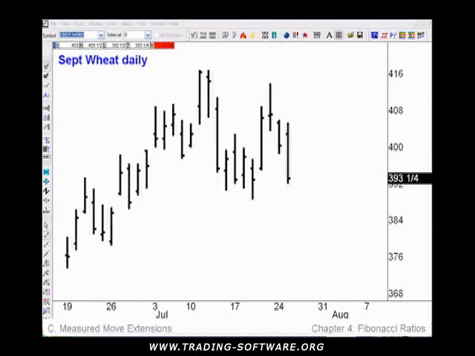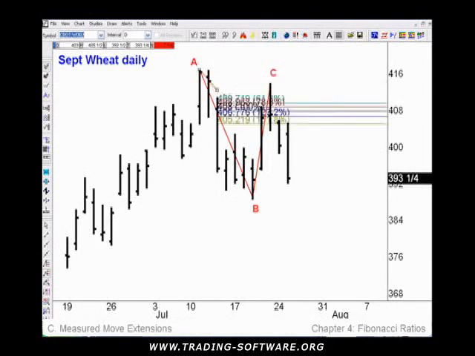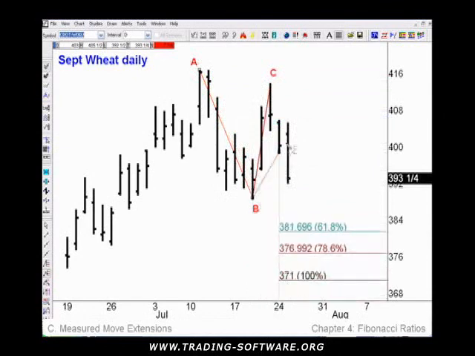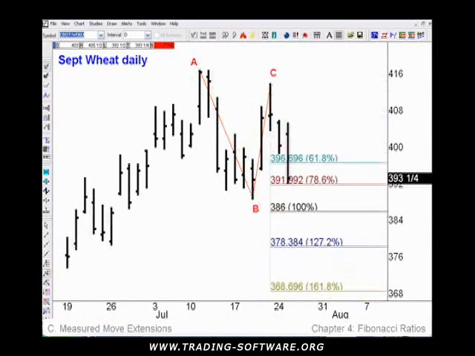Here's the chart of the September wheat daily. And let's draw in the making of this measured move. We'll call this A down to B up to C. Now it hasn't come down to point D yet. Okay, let's draw in the measured move extensions. I'm going to click once at A, down to B, up to C. Here you see that the 61% and the 78% measured move extensions do not qualify as extensions.